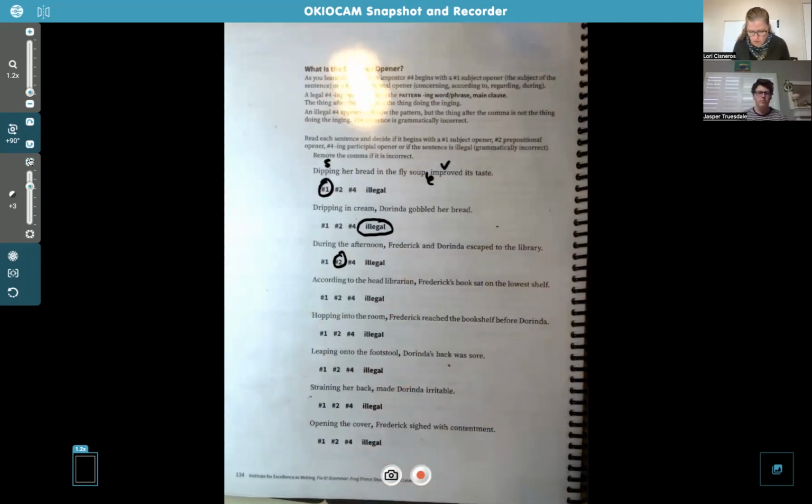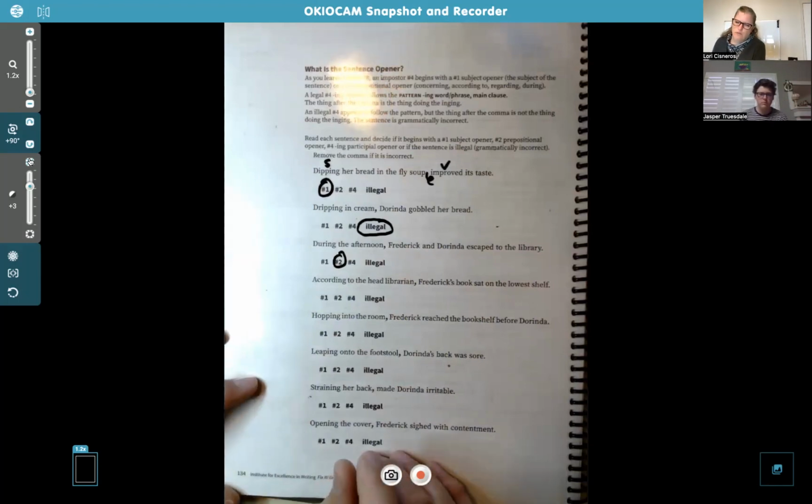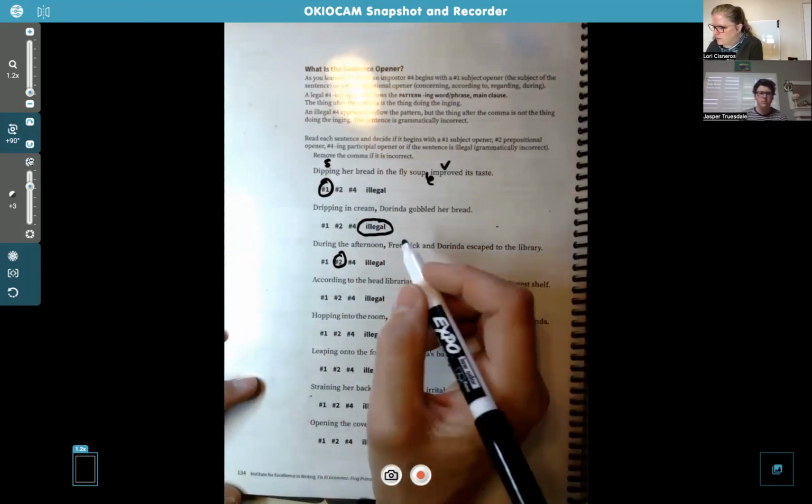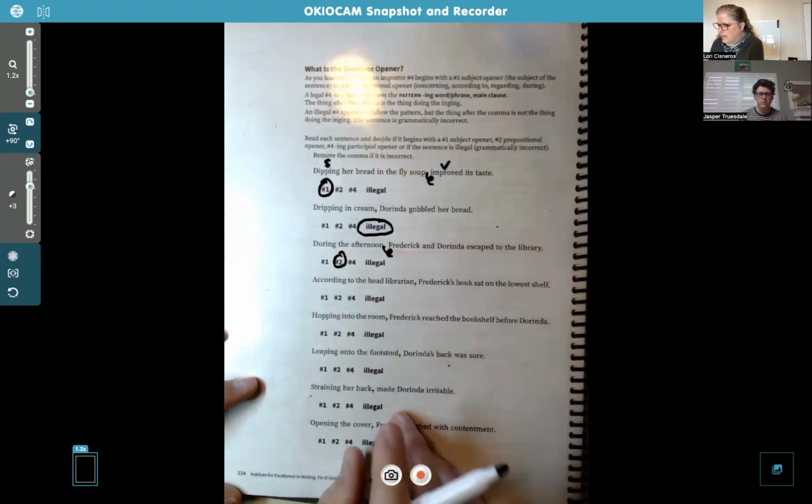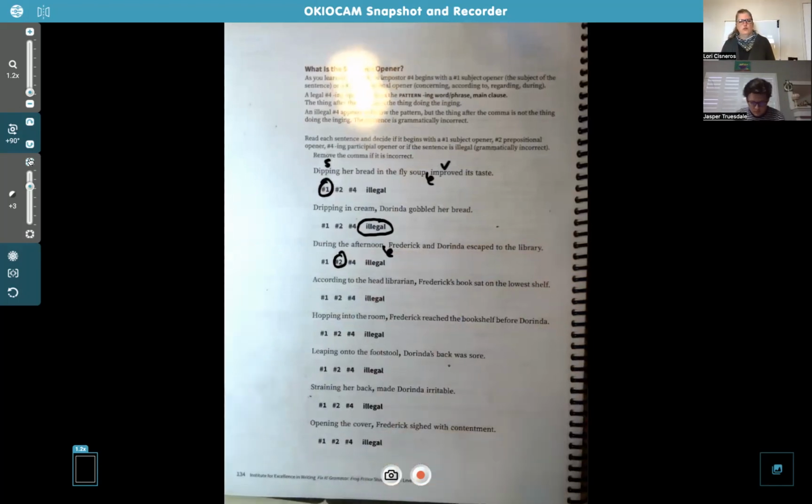Those prepositional openers are concerning, according to, regarding, or during. So that makes it a prepositional opener. However, we need to remove the comma because there's only 3 words in that phrase. Remember, if it's 5 or more, then you use a comma. So we'll take that comma out since it's a short 3-word phrase.